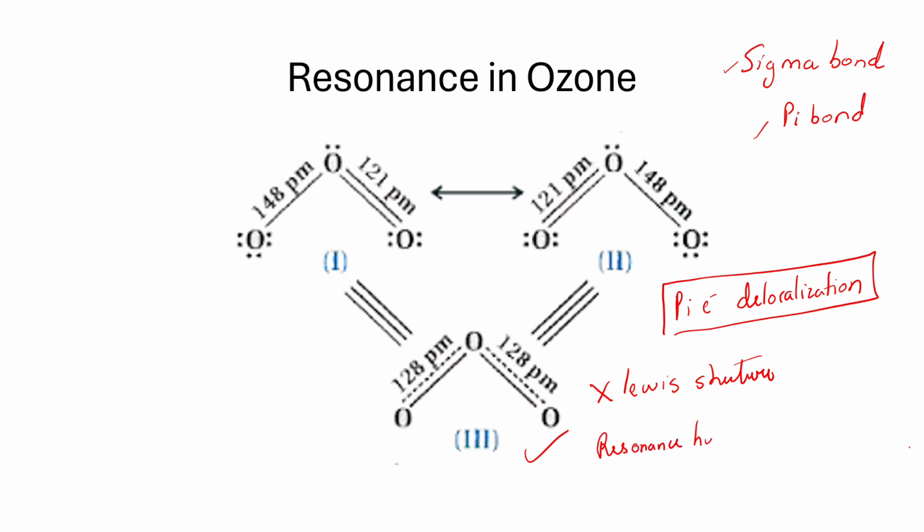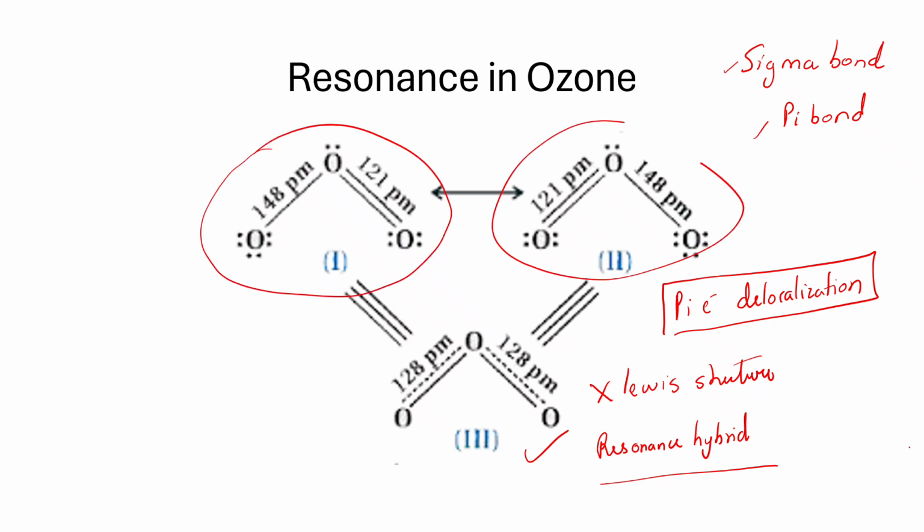And this structure cannot be represented by a Lewis structure because a Lewis structure cannot represent a partial bond, right? So you might be thinking, is ozone this molecule, or this molecule? It is actually the third molecule, but the third molecule, that is the resonance hybrid, is formed as a result of these two resonating structures. Resonating structures are generally written separated by a double-headed arrow.